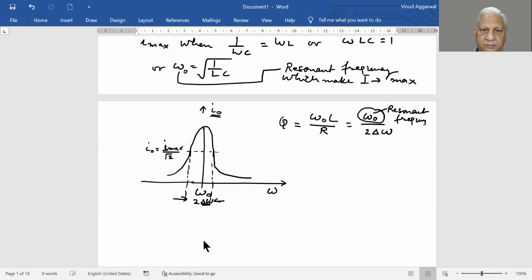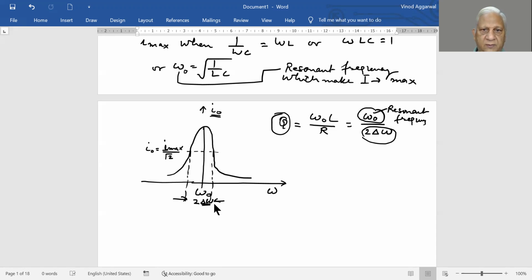To get maximum better quality, this factor should be maximized, which means this factor should be minimized. It basically means that sharper this peak, narrower will be 2 delta omega.